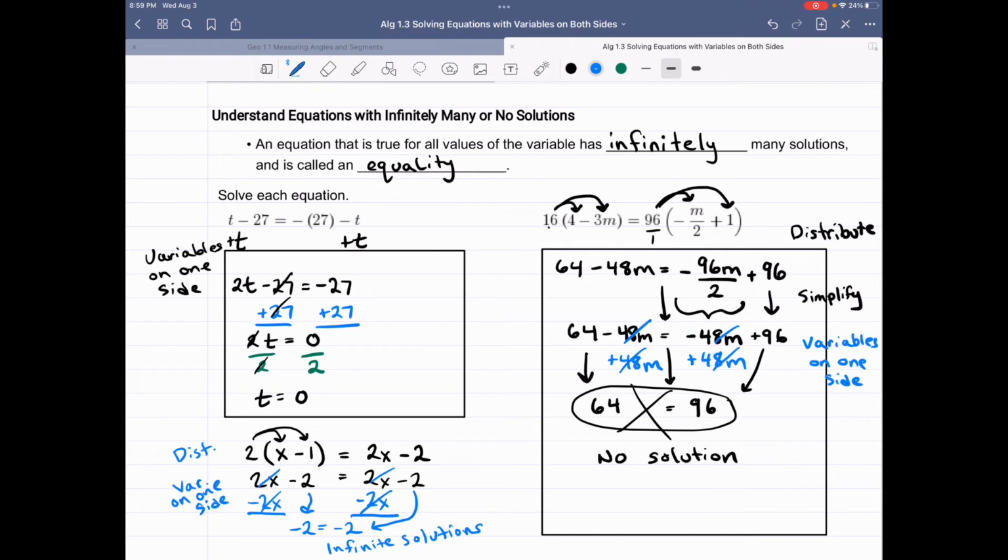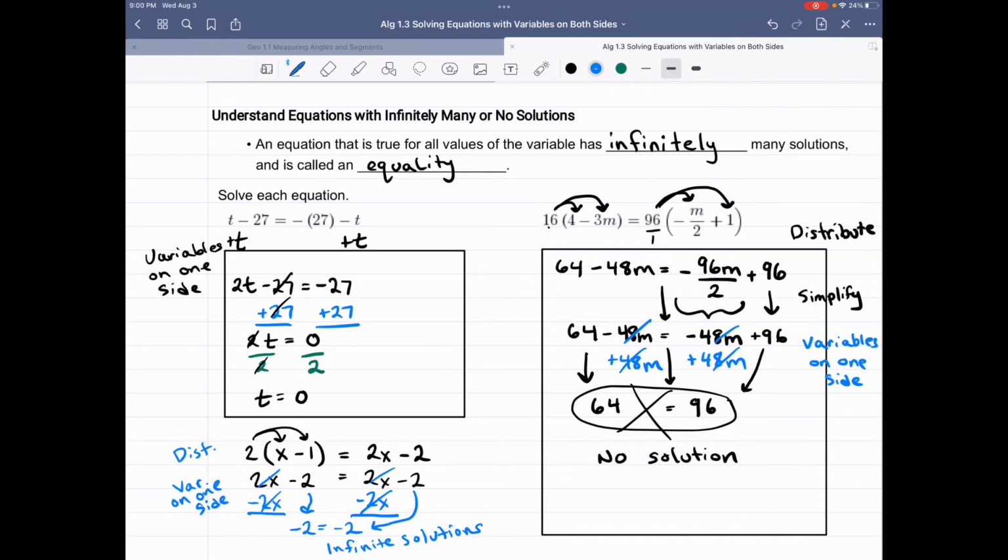So try 10. If we put 10 into x, on the left side, we would have 10 minus 1, that's 9, and 9 times 2 is 18. On the right side, we have 2x minus 2. So if we put in 10, 2 times 10 is 20. 20 minus 2, that's 18.